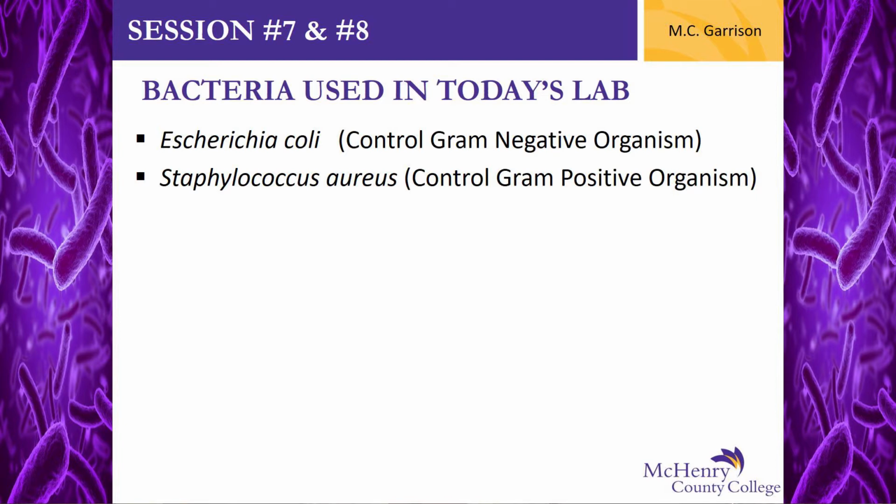Escherichia coli, we also used in our last session where we stained E. coli cells, or in session 5, I believe it was. And I want you to know that that is going to be our stock control for gram-negative organisms. So E. coli gram-negative, Staph aureus gram-positive, EC negative, SA positive. And we will write those on our plates as we proceed in lab this semester.